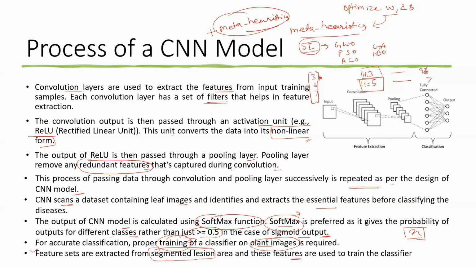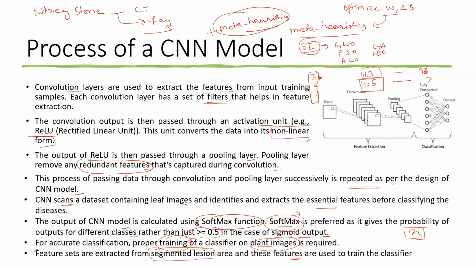For example, you are interested in identification of a kidney stone from CT images, from X-ray images. So the region of interest is very important.